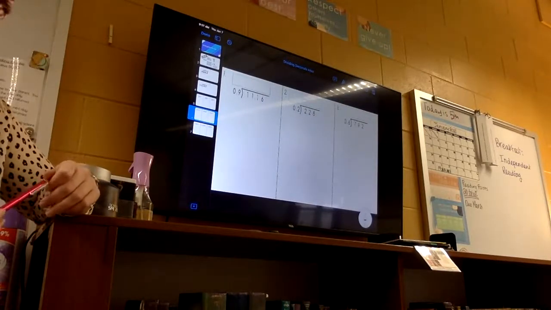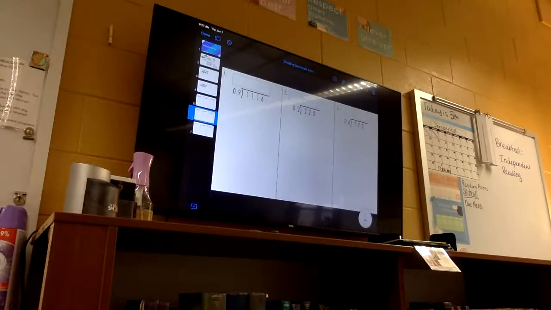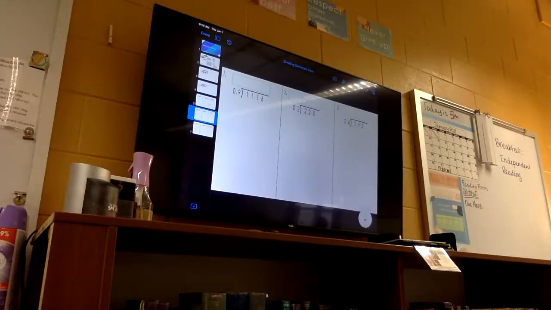11 and 1600ths divided by 9 tenths. Okay, so let's talk about this problem. I have a decimal outside of my house. That means I have to move it which way? Right. I have to move it to the right, so one spot to the right. That also means I have to move the inside one spot to the right.